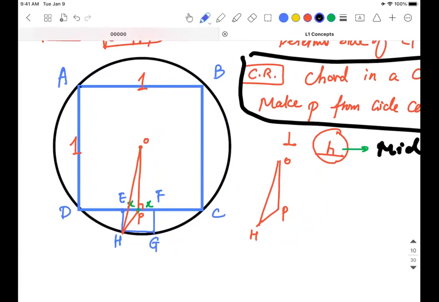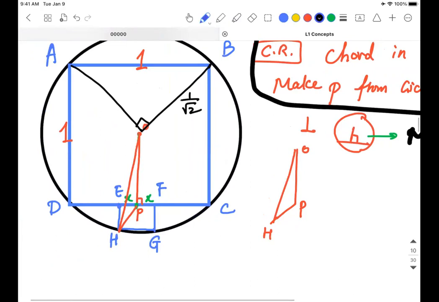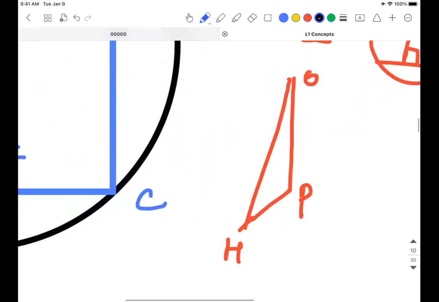If you do a quick connection, this is going to be a right isosceles triangle with the hypotenuse equal to 1. So the radius of the circle is 1 over root 2. Therefore, OH is also the radius, 1 over root 2.